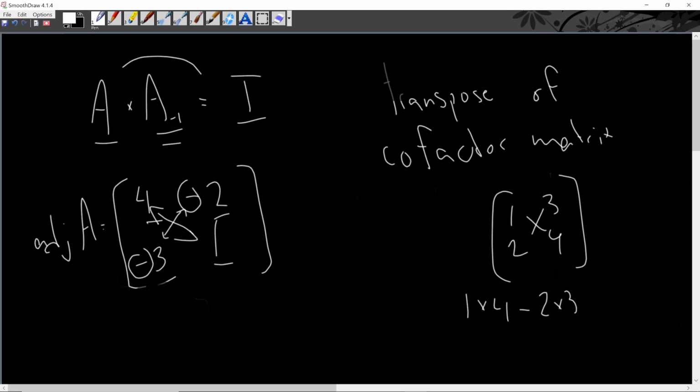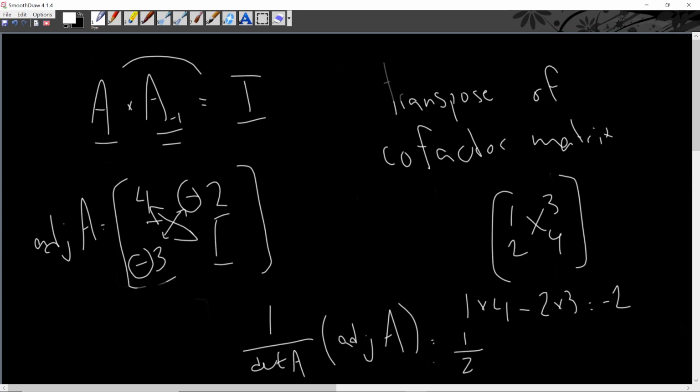AD minus BC is going to be 4 minus 6, so we have negative 2. And then we have 1 over determinant A times the adjugate of A. So we have negative 1 half times 4, negative 3, negative 2, positive 1.